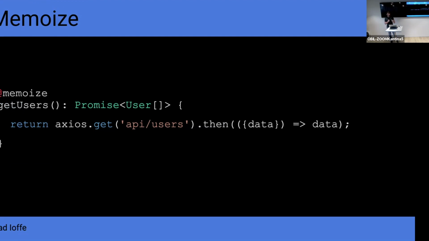Maybe the users are changing during our runtime. So we want to add the ability to evict the cache also after some timeout, after some TTL. With the current implementation of the memoize decorator, we are not doing any eviction of the cache. We're just storing values into the cache, and no one removes any values from it.